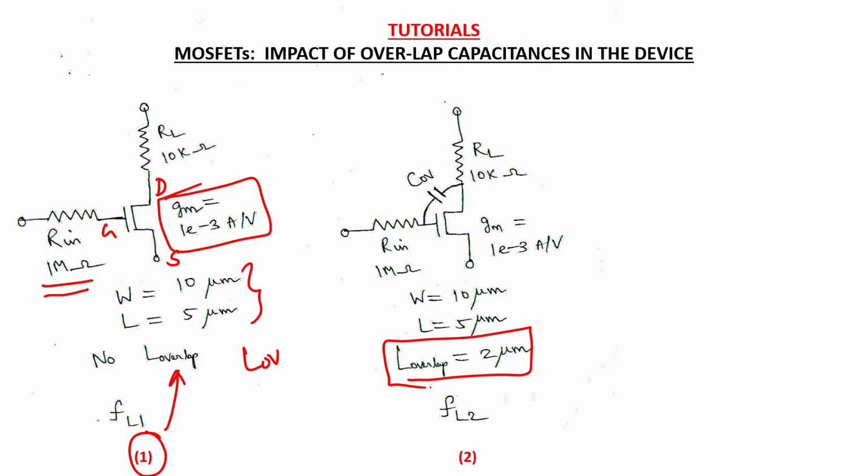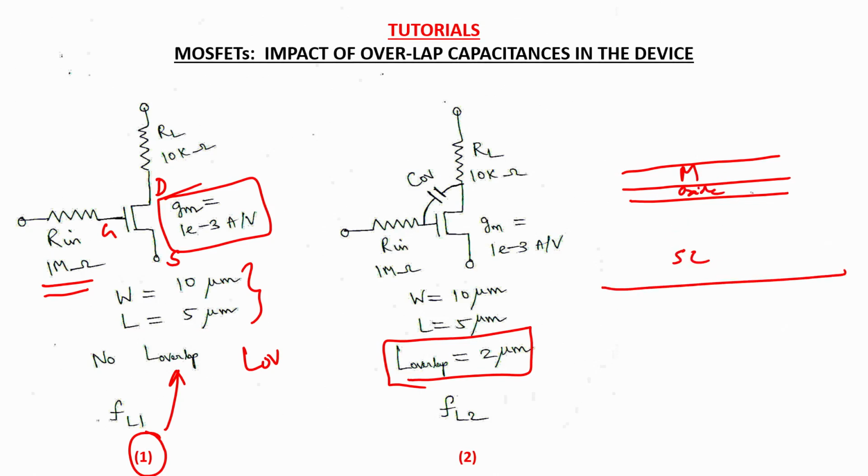So I would like to refresh this concept from the circuits week of the lecture. You have metal, and you have this oxide here and you have semiconductor, and you would have seen in the course that there is a drain region here, and this is nothing but the overlap region, which is the metal gate here.